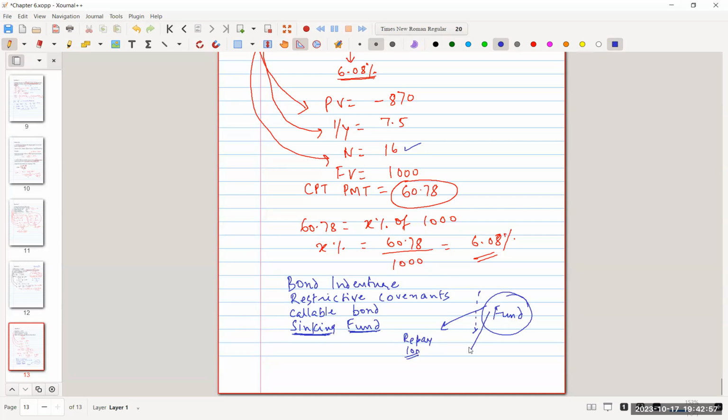Then after the next 3 years, again withdraw from here, repay $100 more worth of principal. After 3-4 more years, take money out of this fund, repay another $100 of the face value. So what you're doing here is you are retiring the bond on a periodic basis. It's called periodic retirement of the bond.